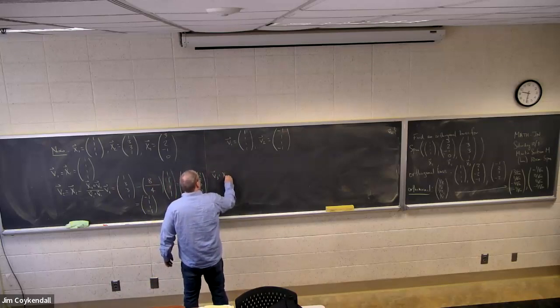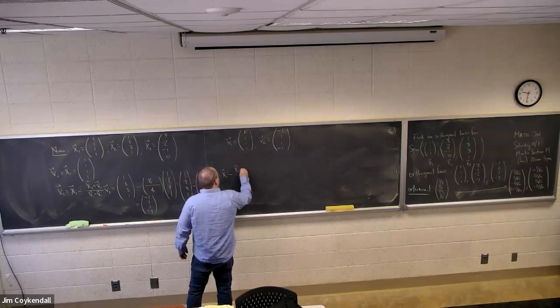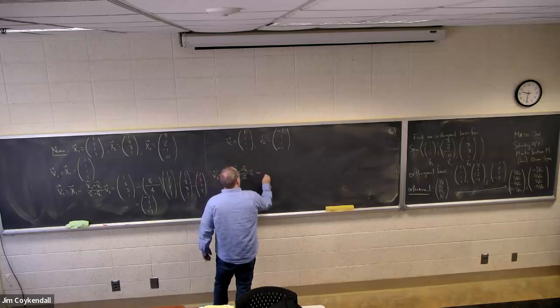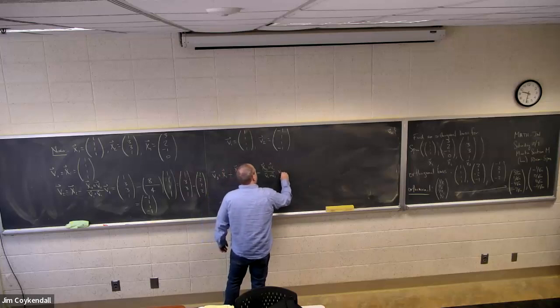is X3 minus X3 dot V1, V1 dot V1, V1 minus X3 dot V2, V2 dot V2, V2.